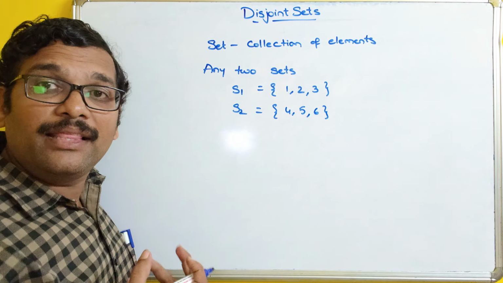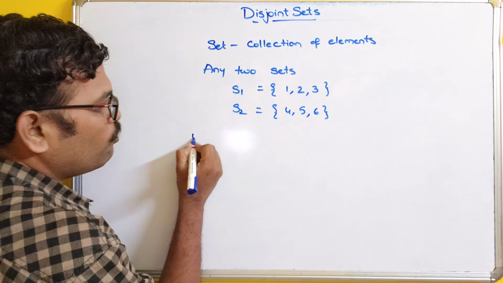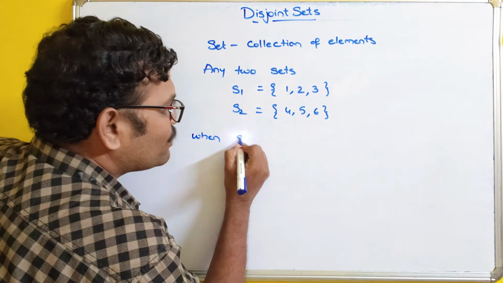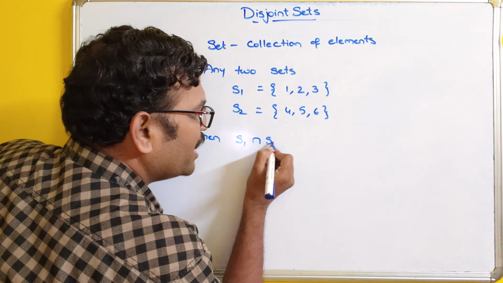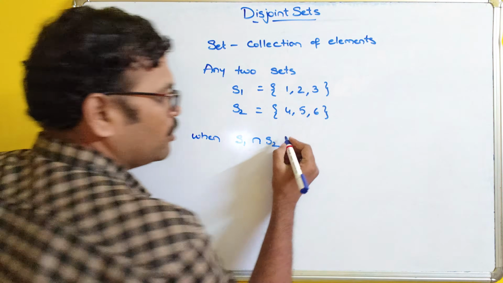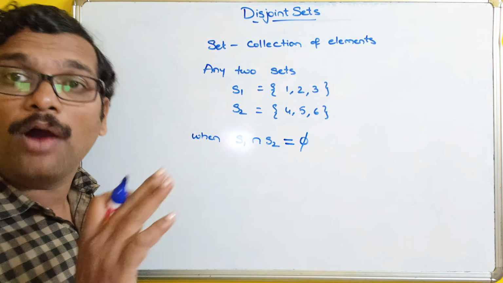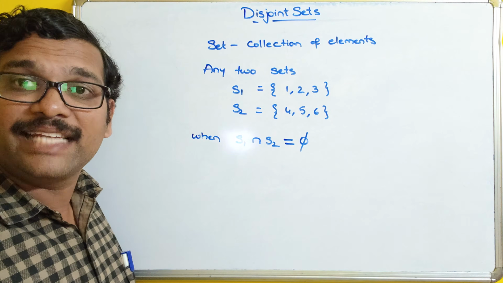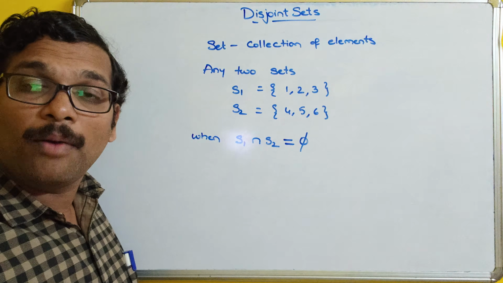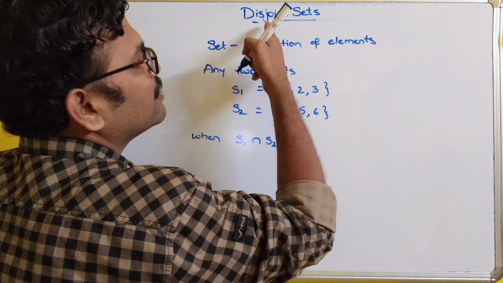When we say that S1 and S2 are disjoint sets, the S1 intersection S2, that means the common element, is equal to empty. That means there is no common element in both the sets. Then we can say these two sets are disjoint sets.